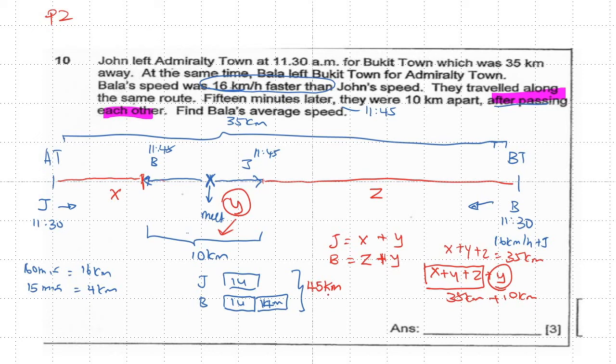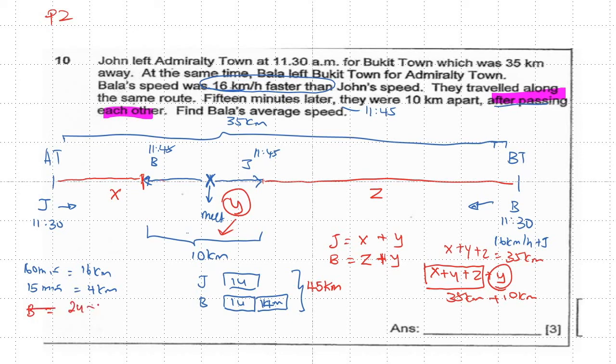Okay? That's it. So I keep thinking about this part here. So now you know that in this case, Bala's total distance travel will be 1 unit plus 4 kilometer. I need to find 1 unit equals how many?